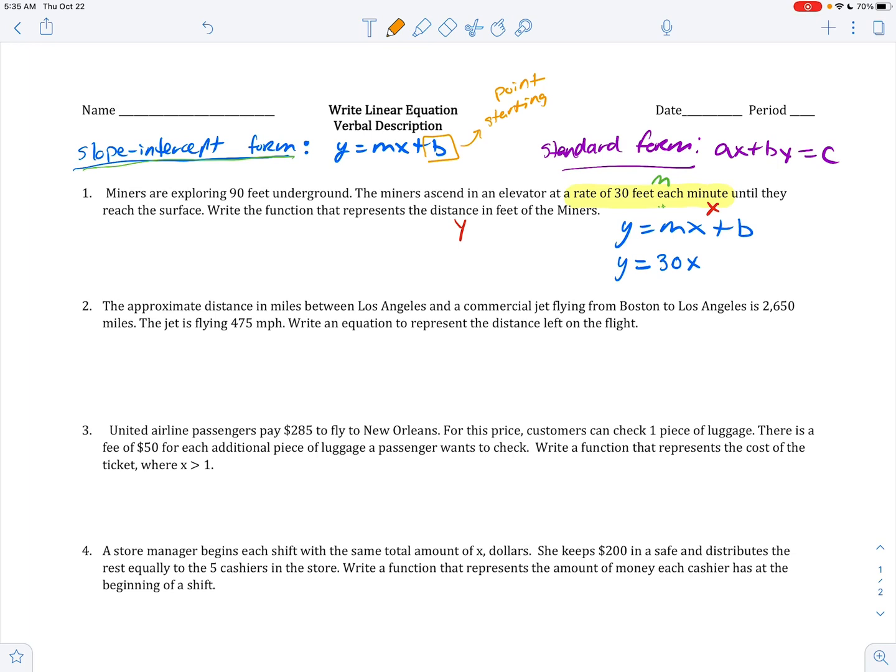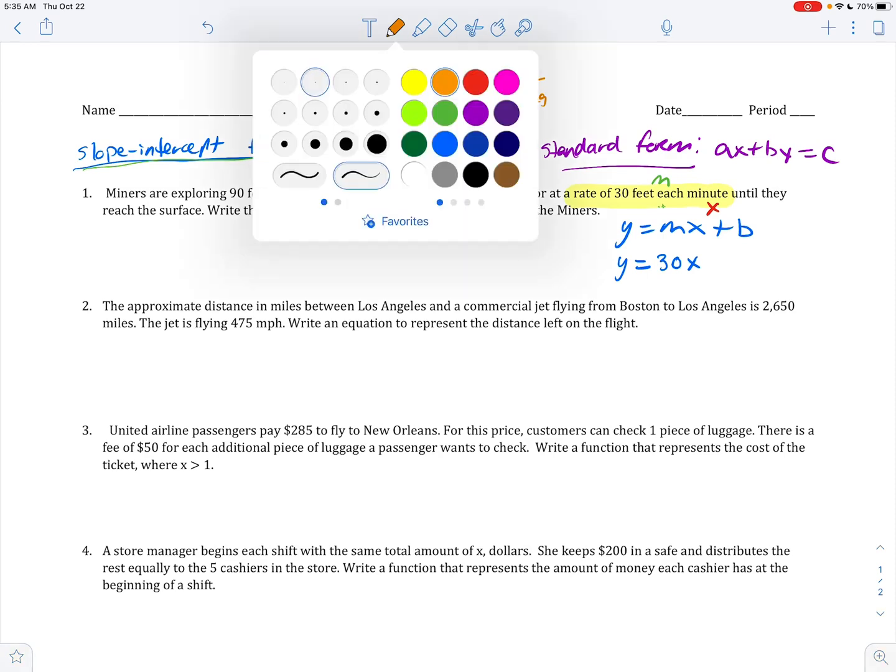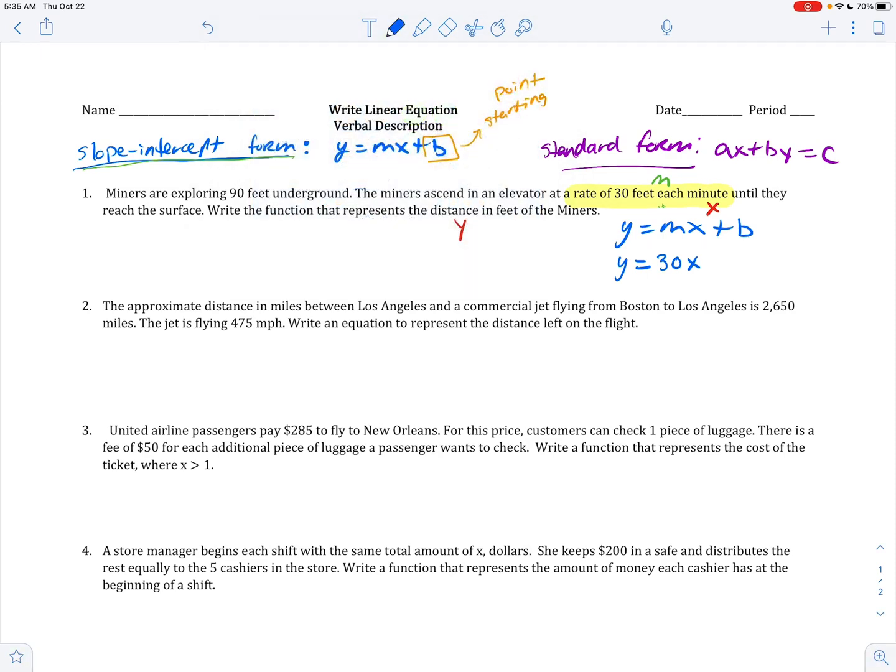Well, it looks like they started 90 feet underground. And since it was underground, below surface level, we need to write subtraction here. We're going to write subtract 90. So the distance is, equals means is, 30 feet per second minus 90. So they start at negative 90 and they come up 30 feet each second.